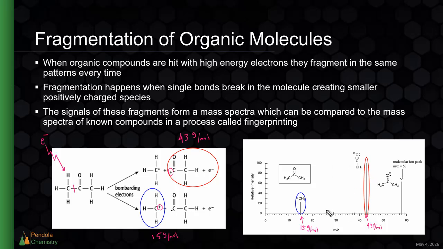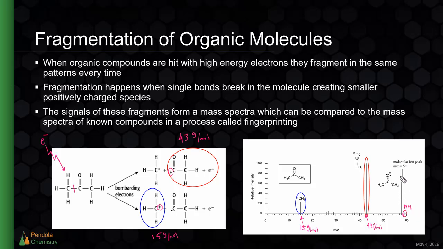So every single line you see here, every one of these little lines, and we'll talk about this big line in a second, is a different fragment that comes out of this. Some at 29, some at 27, 26. And then obviously our biggest one towards the end, and we'll talk about this one in a second because that is important. This is going to be the M+ peak.